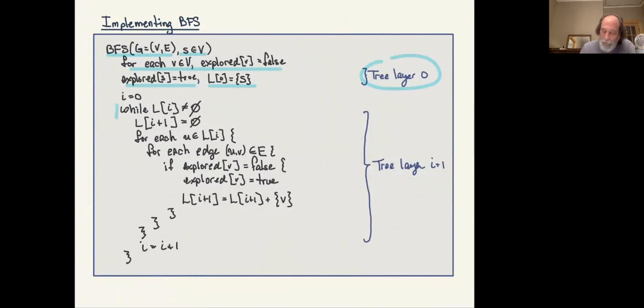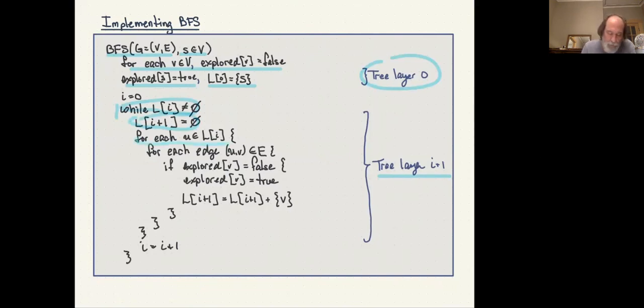Inductively, we're going to construct layer I plus 1 from layer I. And we're done when we're at a layer that doesn't have any vertices in it. So while the current layer has some vertices, we have to check with our neighbors to make the next layer. How do we do that? We set layer I plus 1 to be the empty set.